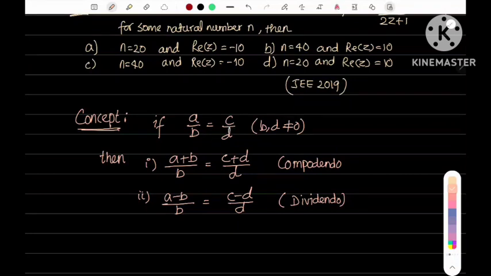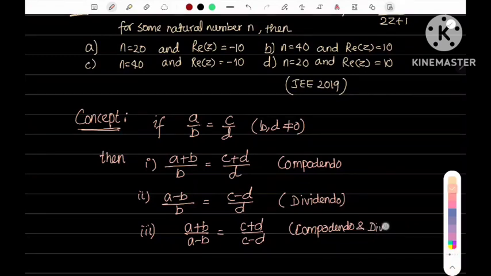And if A by B is equal to C by D, then this is also true, and that is called dividendo. And if we combine both of them, I will get A plus B divided by A minus B is equal to C plus D divided by C minus D. That is componendo and dividendo, both.